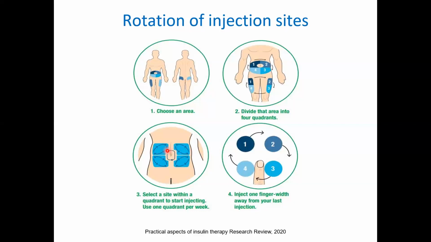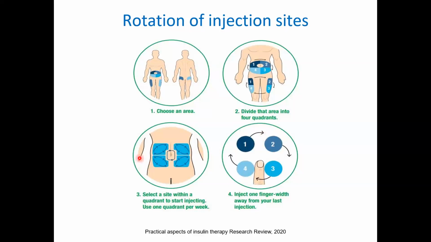Then after another week, they move to quadrant 3. And so by the time they're coming back to quadrant 1, we have had enough time for that area to rest, so we reduce the risk of development of lipohypertrophy. The same can be done for the thighs and the arms. You can inject on one quadrant of the arm for a week and then move on to another one a week later.